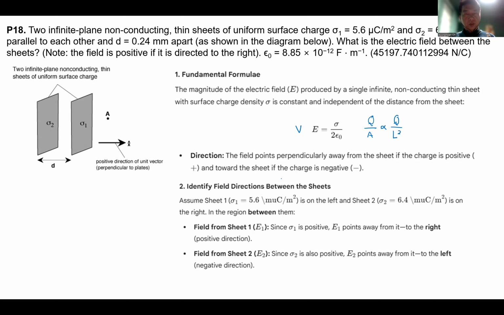And then we need to think about the case. Remember that sigma 1 is positive and sigma 2 is also positive.